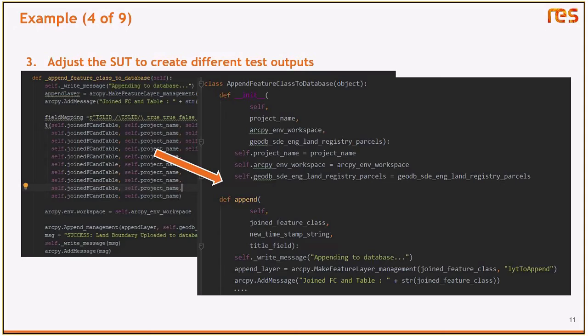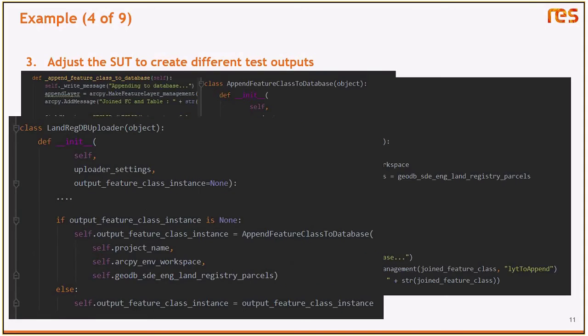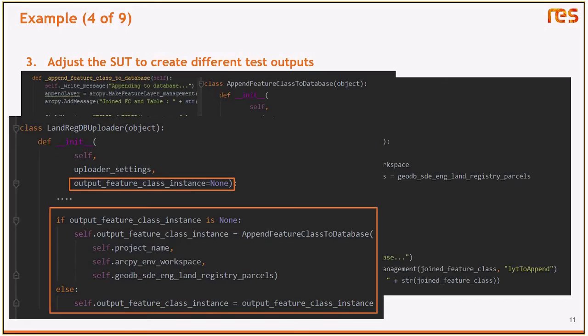Now, once we have this class, we can then make changes to the tool, the main class for the tool itself, which is the LanderEdge DB uploader. And what we're doing here is we are providing an optional parameter to the constructor of this output feature class instance. This is optional, and if it's not provided, then we're actually going to create an instance of the append feature class to database class.